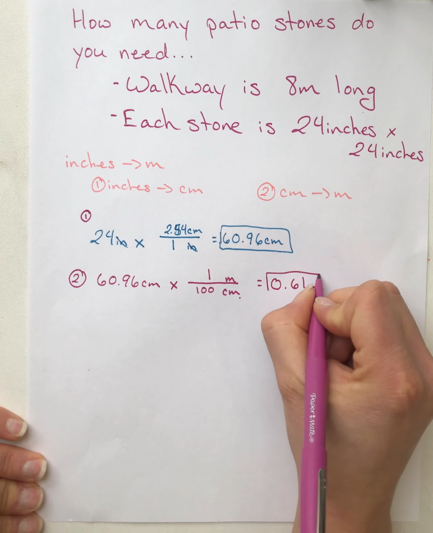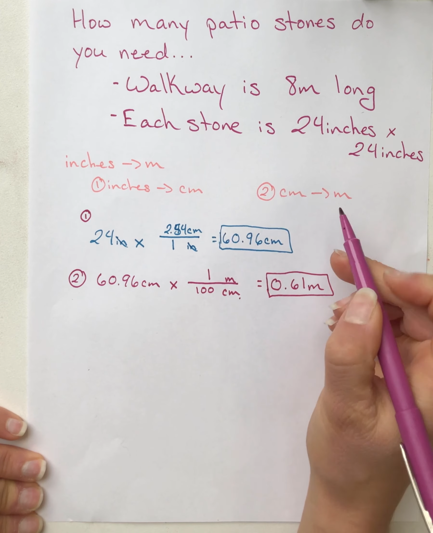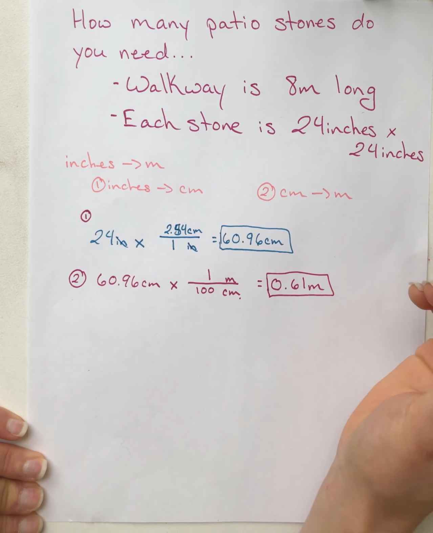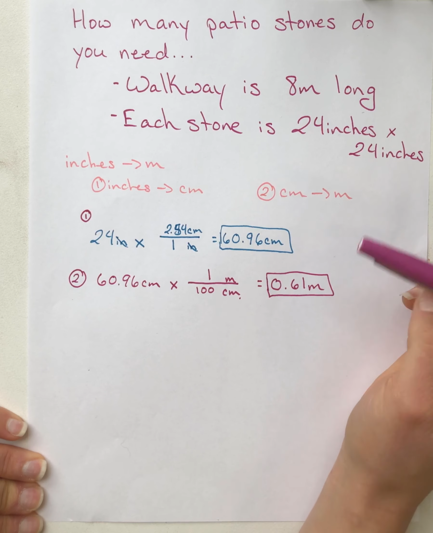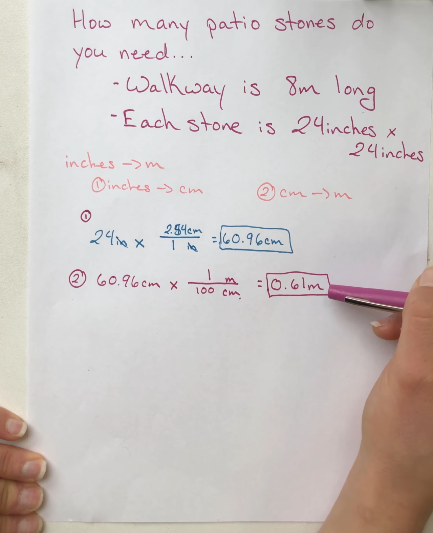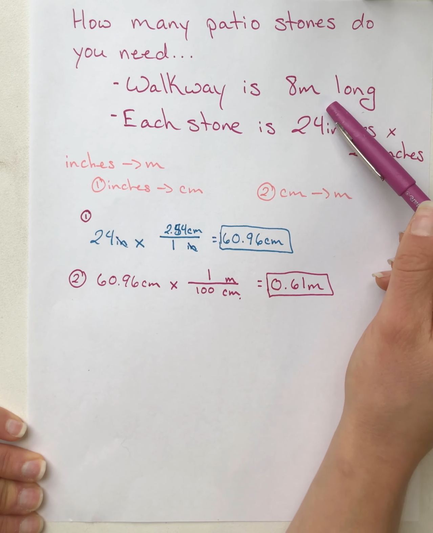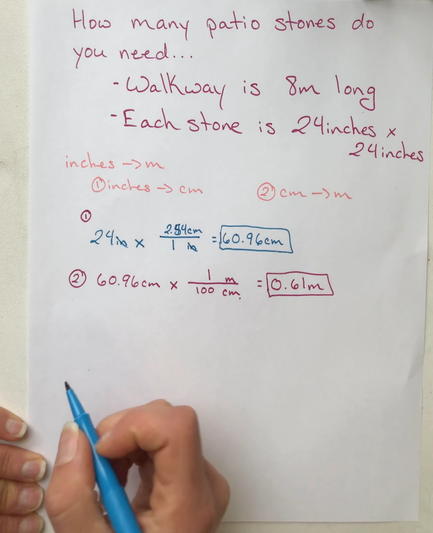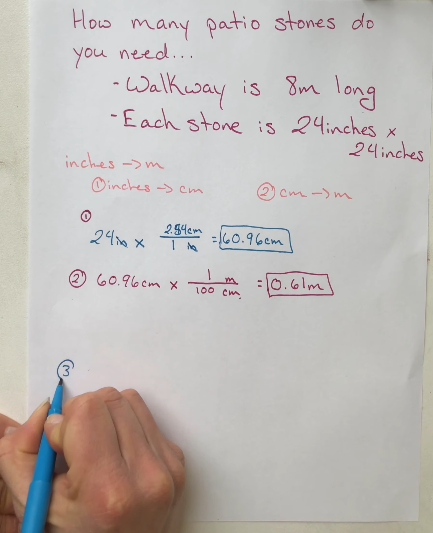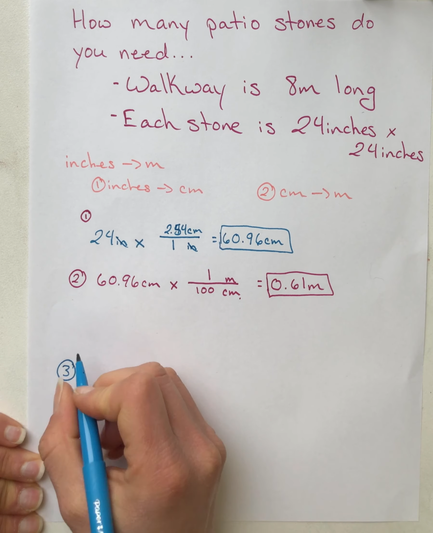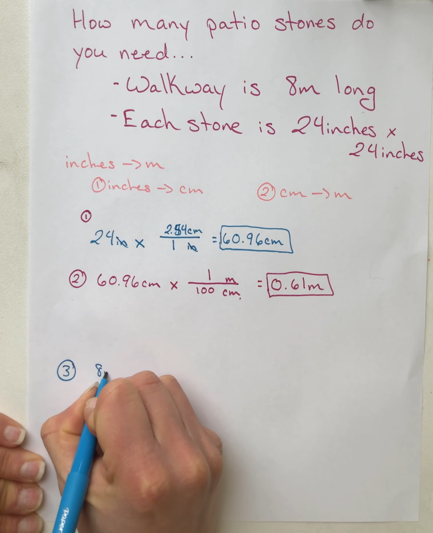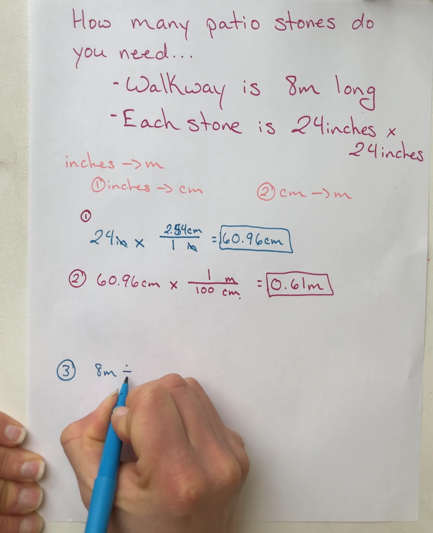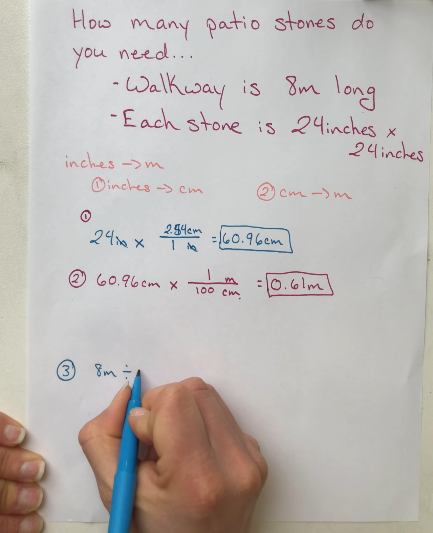Okay, so I now have what my patio stones are in meters. Now I need to figure out how many of these are going to fit in 8 meters. So I'm going to take my 8 meters and divide it by each patio stone.